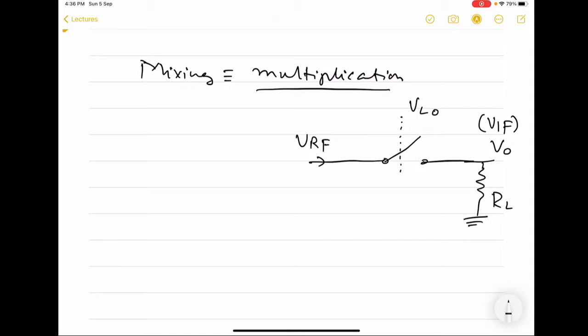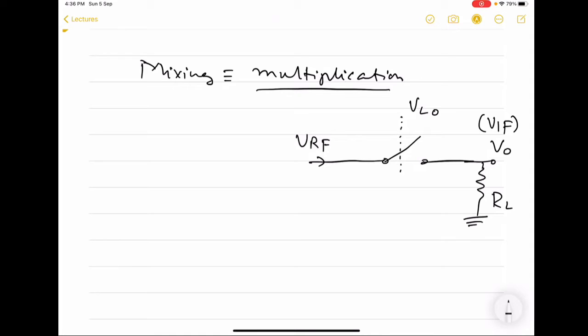Actually, by IF we mean up converted or down converted, but we will see that on the output side. Even for the nonlinearity case, there were so many frequency components, only two of them were of usefulness.